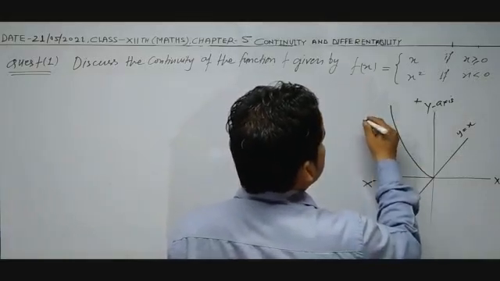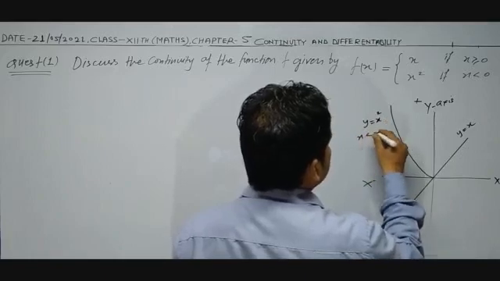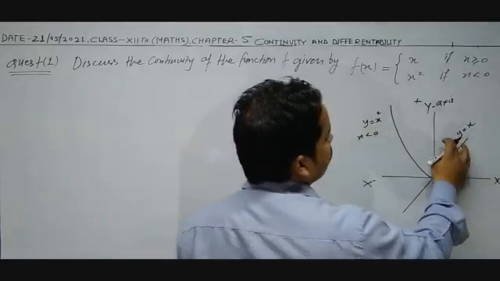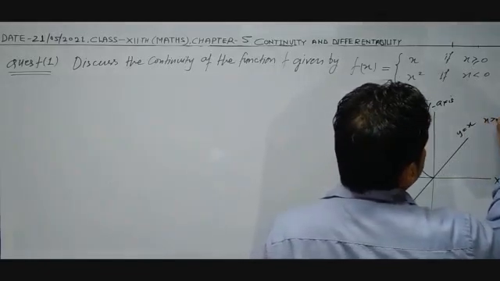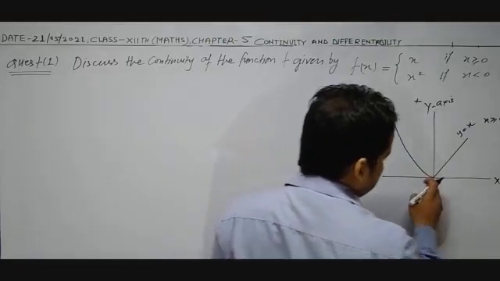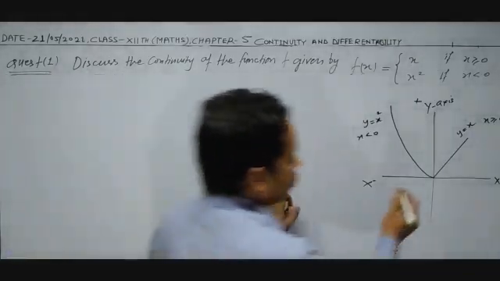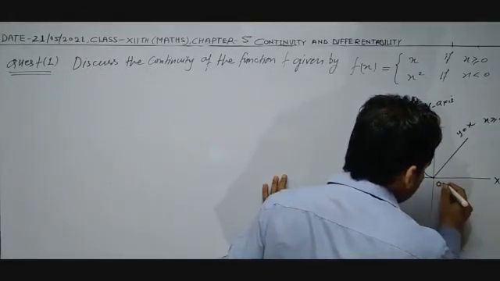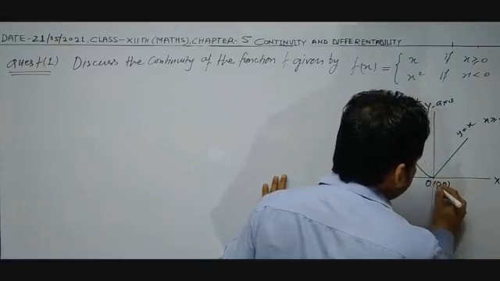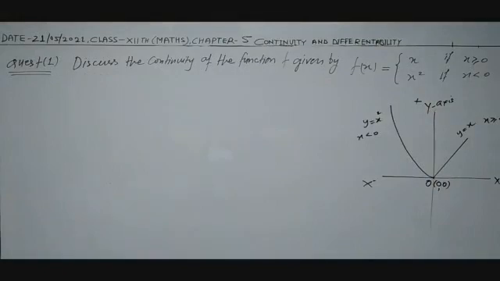This is y = x square for x less than 0, and this is the line y = x for x greater than or equal to 0, and this line will not be here. So this is the figure, and we have to check the continuity at x = 0.